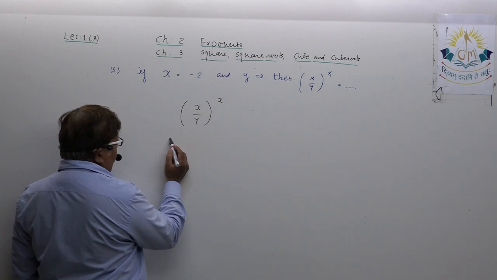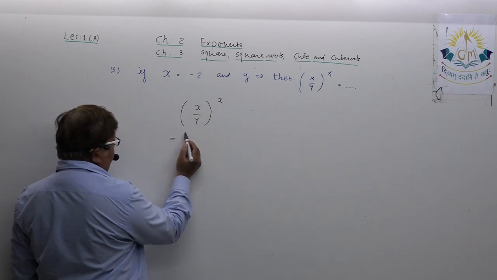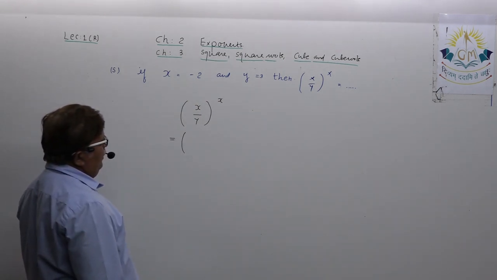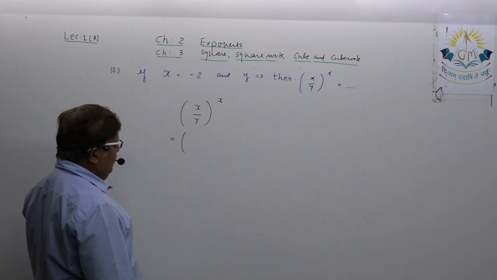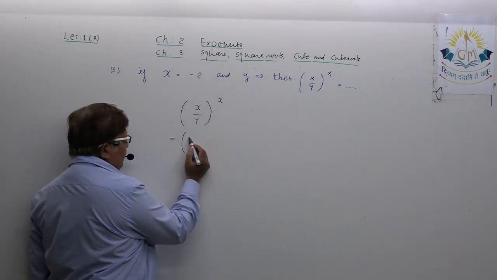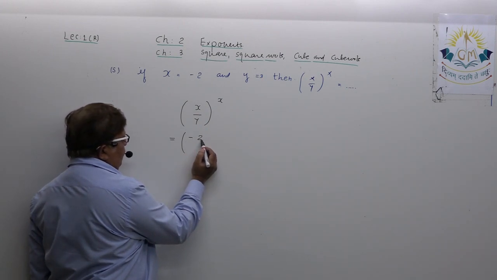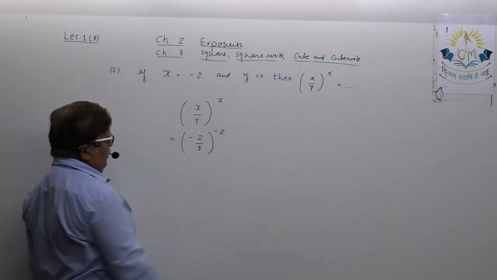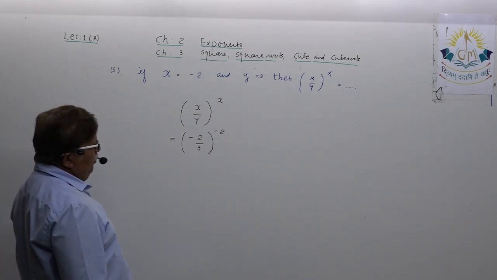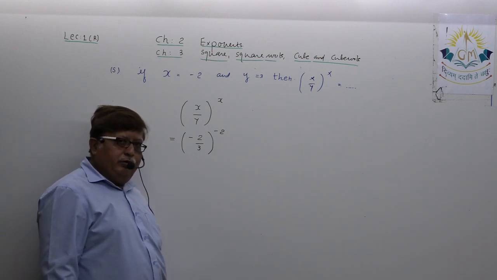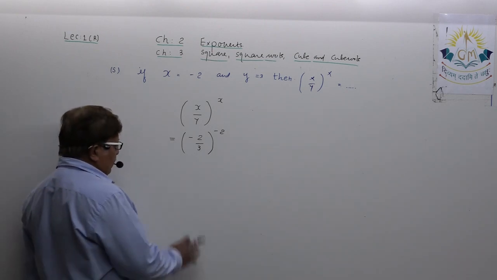Now, if you need to evaluate, because the values of x and y have already been given, dear student, you need to substitute here -2 upon 3 raised to -2. Is it clear? Value of x and y that needs to be substituted first.